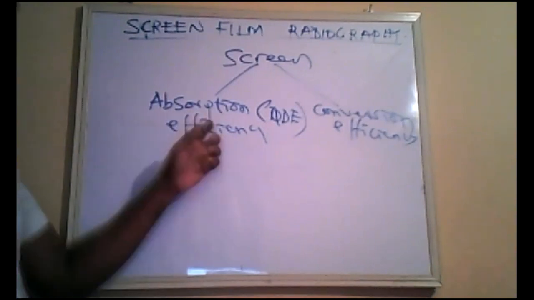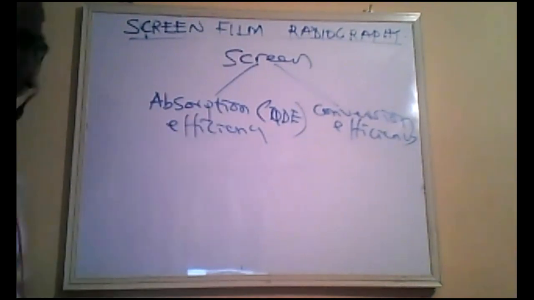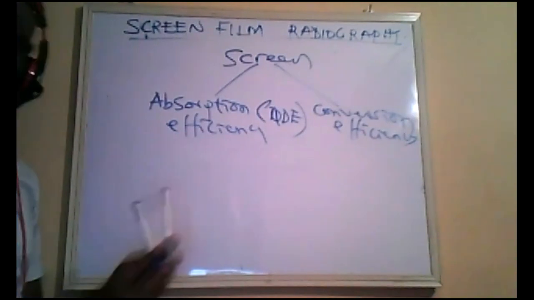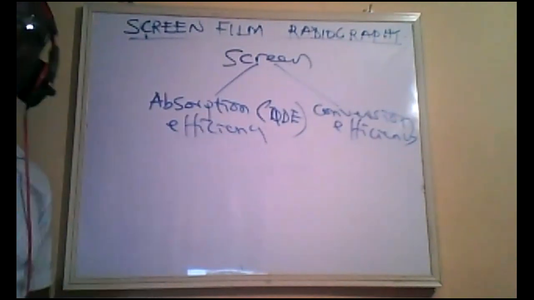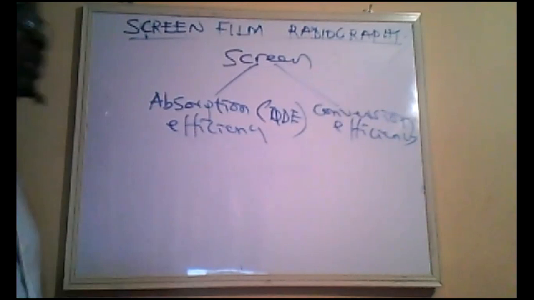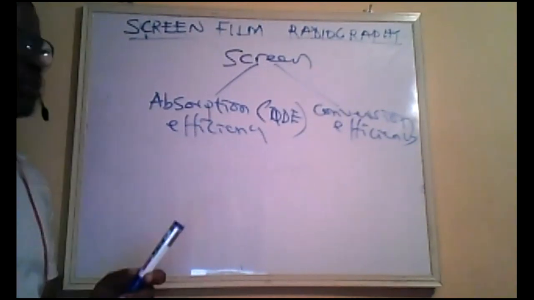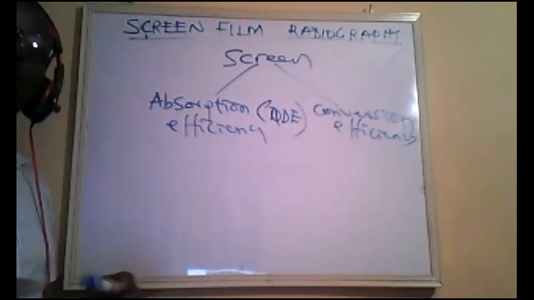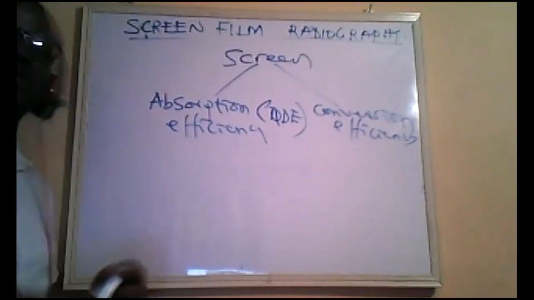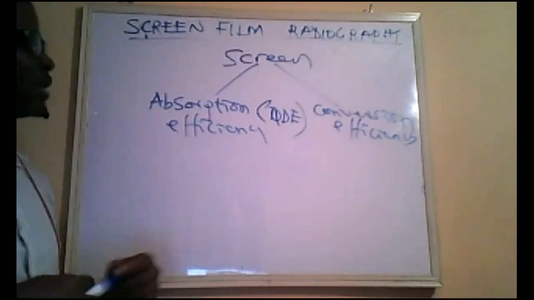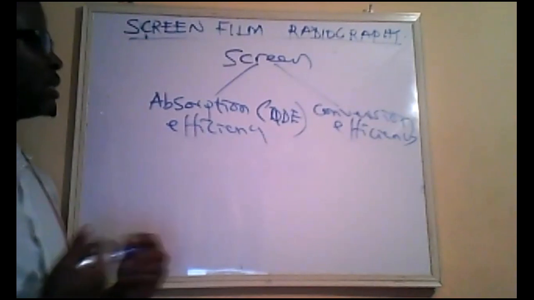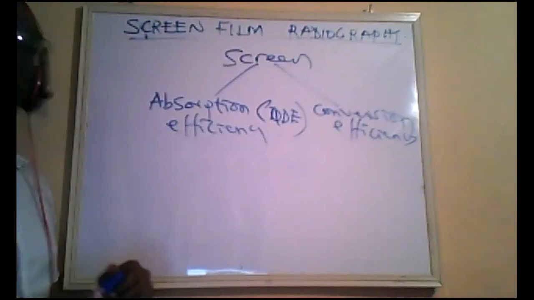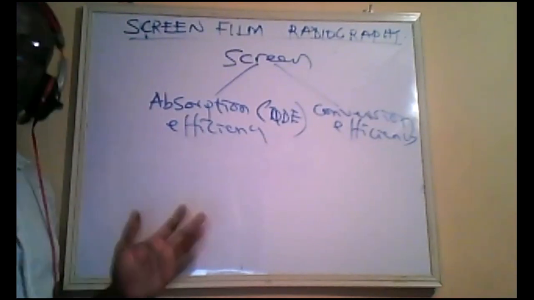Absorption efficiency is the ability of a screen to absorb X-ray photons. We have thousands, millions of X-ray photons falling on the screen, but the ability of that screen to absorb them is what we characterize as having a very good absorption efficiency compared to another screen.